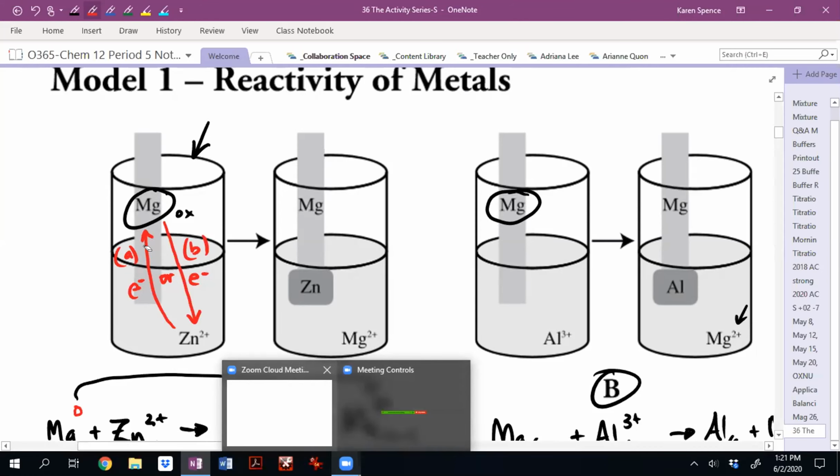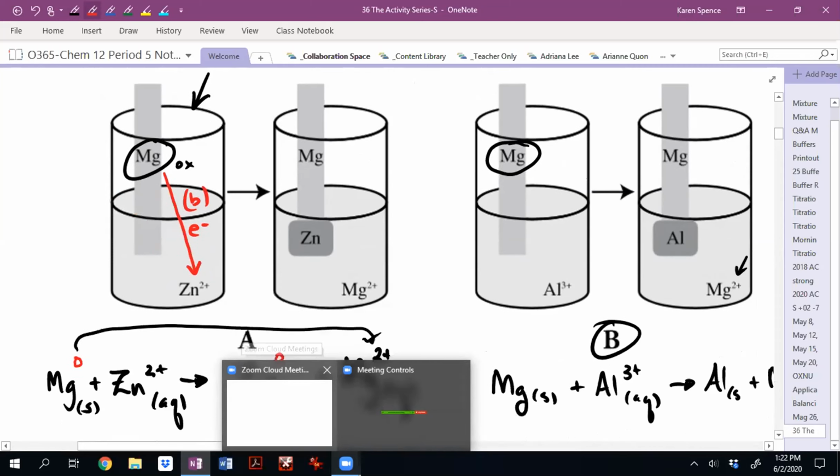So that's what you're going to do for that question, is you're going to say, this guy got oxidized, and so it transferred electrons to the zinc. This guy got oxidized, and so it transferred electrons to aluminum.